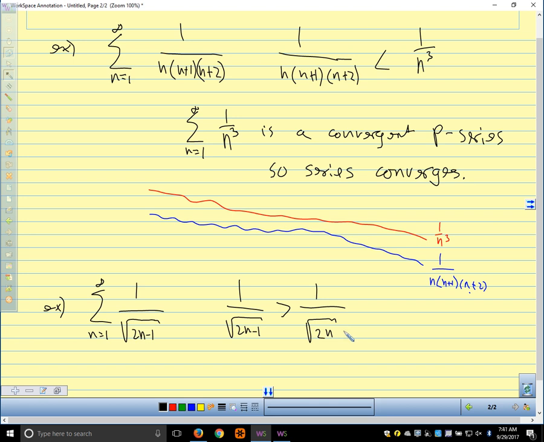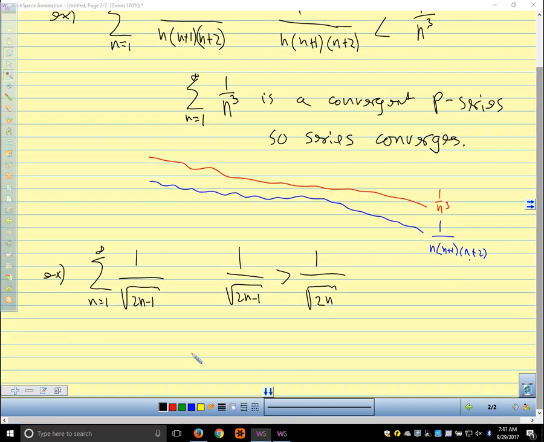So this is a divergent p-series. The sum from n equals 1 to infinity of 1 over the square root of 2n equals 1 over the square root of 2 times the sum from n equals 1 to infinity of 1 over n to the 1/2, which is divergent.